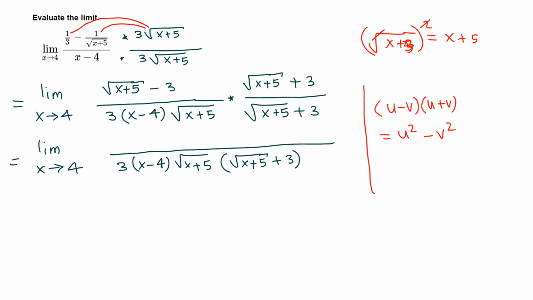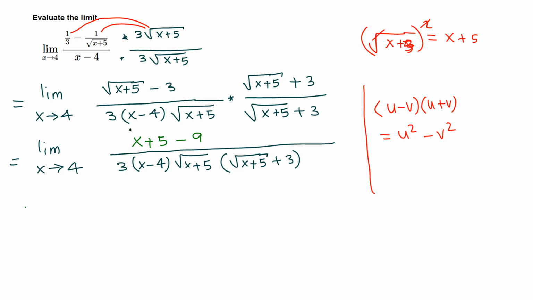Let's come back here and multiply that on the top. When we multiply the tops by FOIL, the middle two terms cancel, so root x plus 5 times root x plus 5. Using this idea, we get just x plus 5 minus 3 times 3, 9. Now look here, 5 minus 9 is negative 4.